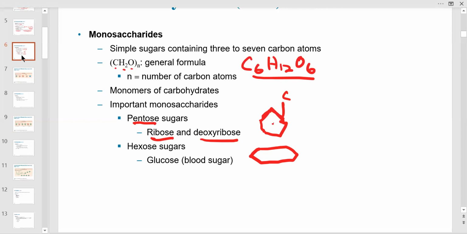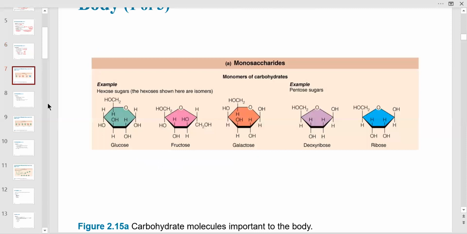And glucose is six-sided, hence the hexose. And fructose is the same too. So they kind of look similar. This one looks more like the house. It's a pentose. This is a hexose, just that the carbon is here. That's the difference. So glucose is a 6-carbon sugar.